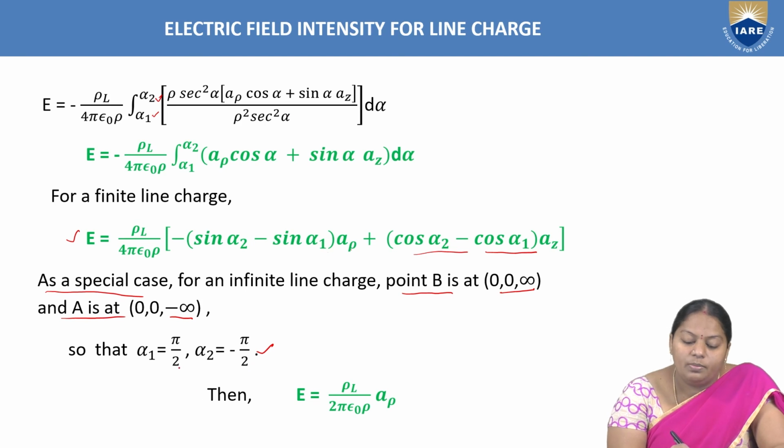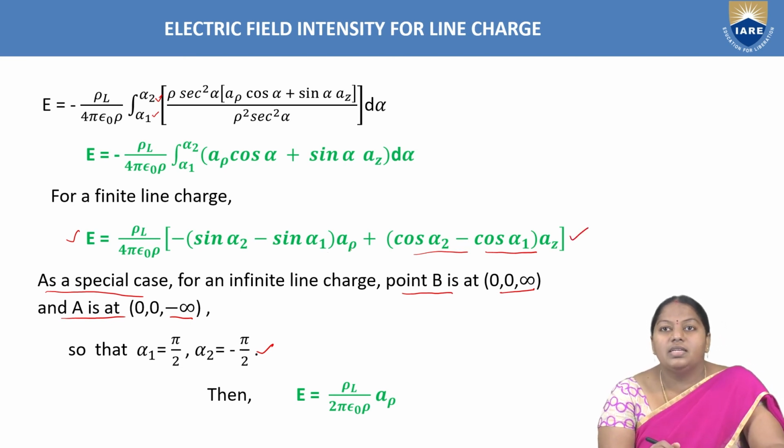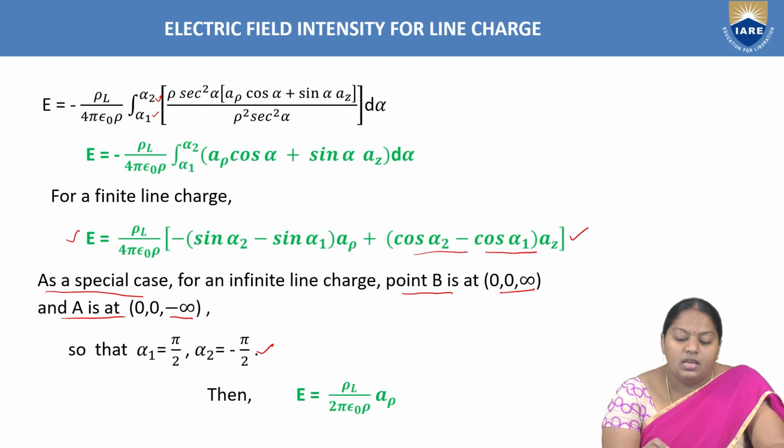Hence, if we substitute alpha 1 as pi by 2 and alpha 2 as minus pi by 2 in the obtained equation for electric field intensity for the finite length of the conductor case, then E becomes E equal to, so alpha 2 as minus pi by 2, alpha 1 as pi by 2. If you evaluate, the first two terms become 1 and 1, and cos 90 becomes zero, hence we can neglect this one and consider only the a rho component.